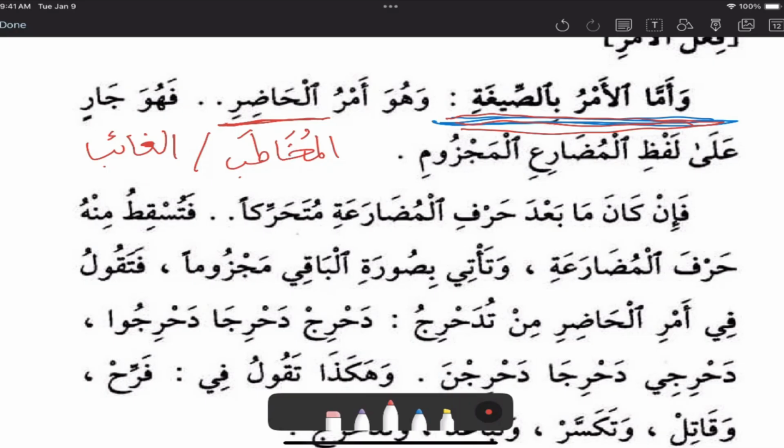Jar means running. Yani, a runner. It is a runner according to the expression of a mudari' verb had it been majzoom. Yani, its pattern resembles the pattern of a mudari' majzoom.